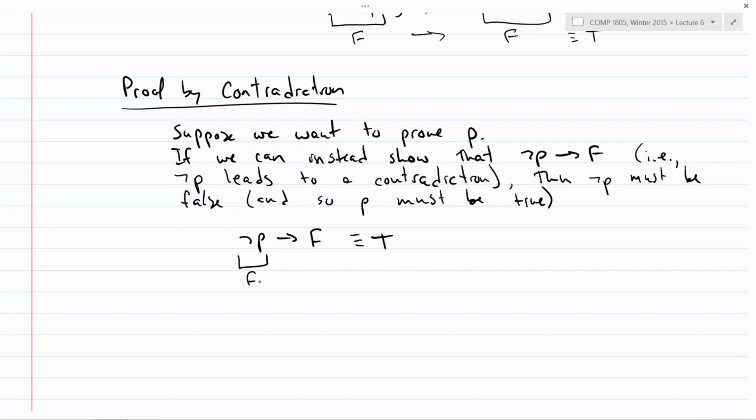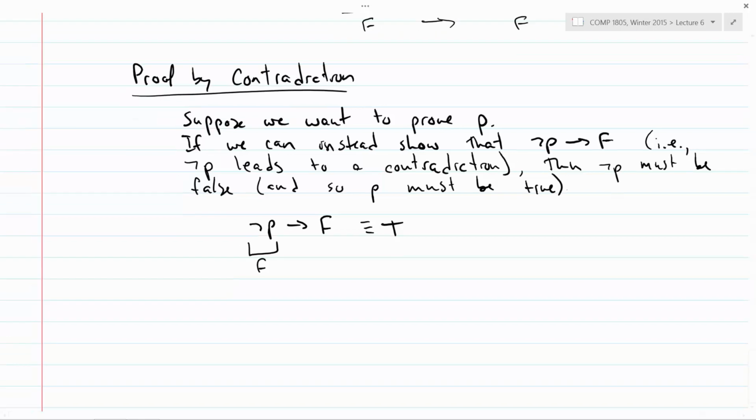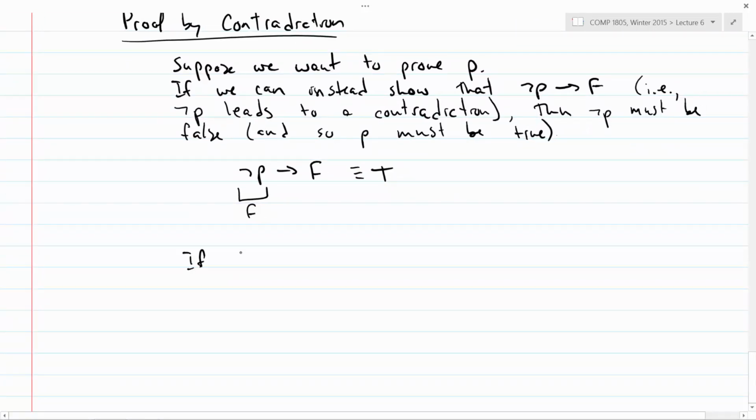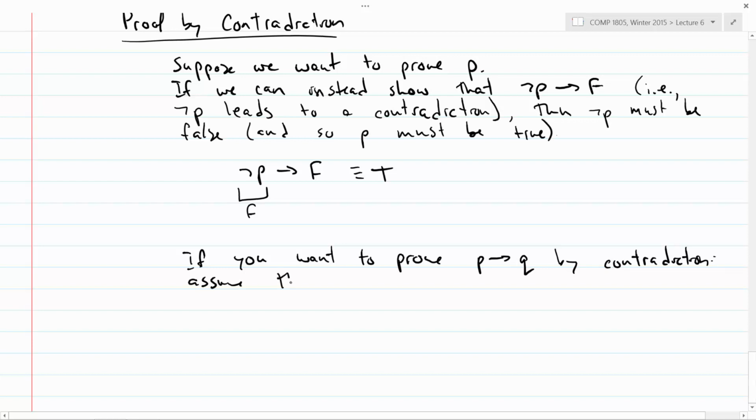Okay? Now, that's true for when you're talking about a single proposition. This same thing works with implications just fine. So if you wanted to prove P implies Q by contradiction, then what you want to assume is that it is not the case that P implies Q. Right?